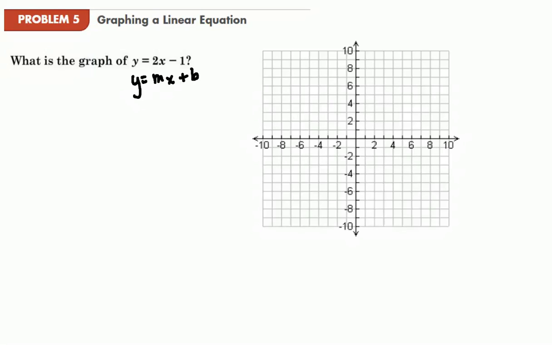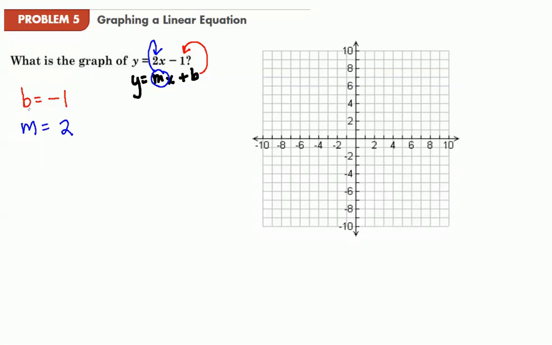So our y-intercept is going to be the value of this, which is the -1. So b is going to be -1. Now, our slope m, well, that's the value in front of the x, which happens to be the 2. So that means that m, our slope, is going to be 2.